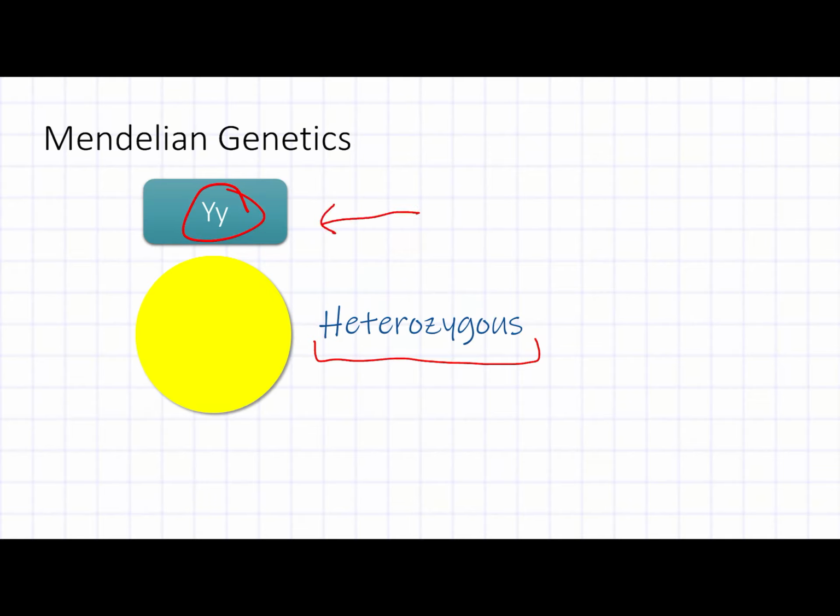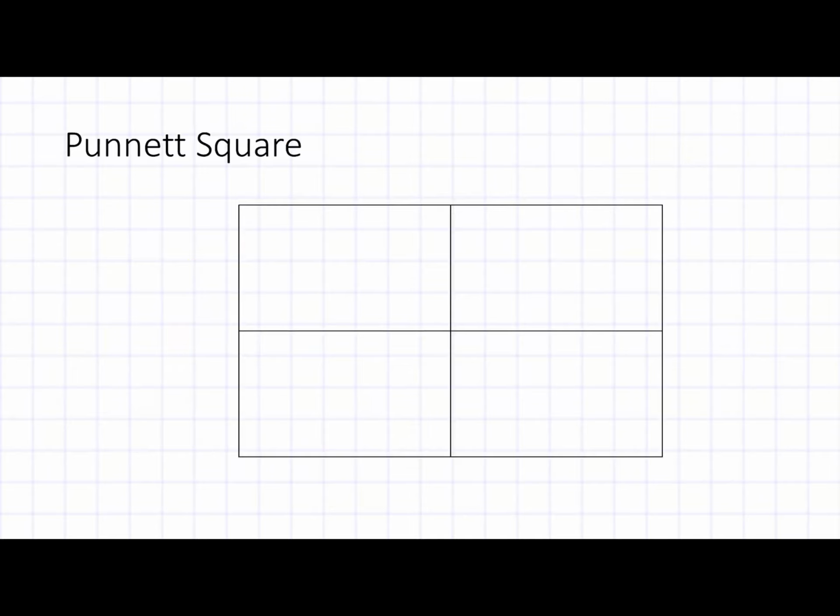Now, being heterozygous or homozygous is called your genotype. What genes you actually received from your parents is the genotype. The trait that you see, being yellow or being green, is called the phenotype. What do we actually see? So we've developed something called the Punnett square in order to track how traits are passed from parents to offspring.